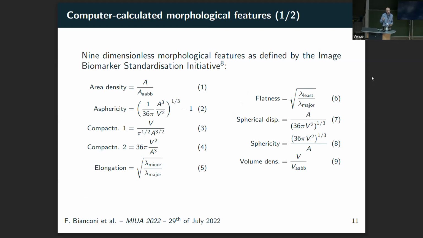On the other side, we consider 9 computer-calculated morphological features, all dimensionless and compliant with the IBSI standardization initiative. So we have area density, sphericity, compactness 1 and 2, elongation, flatness, spherical disproportion, sphericity, and volume density.